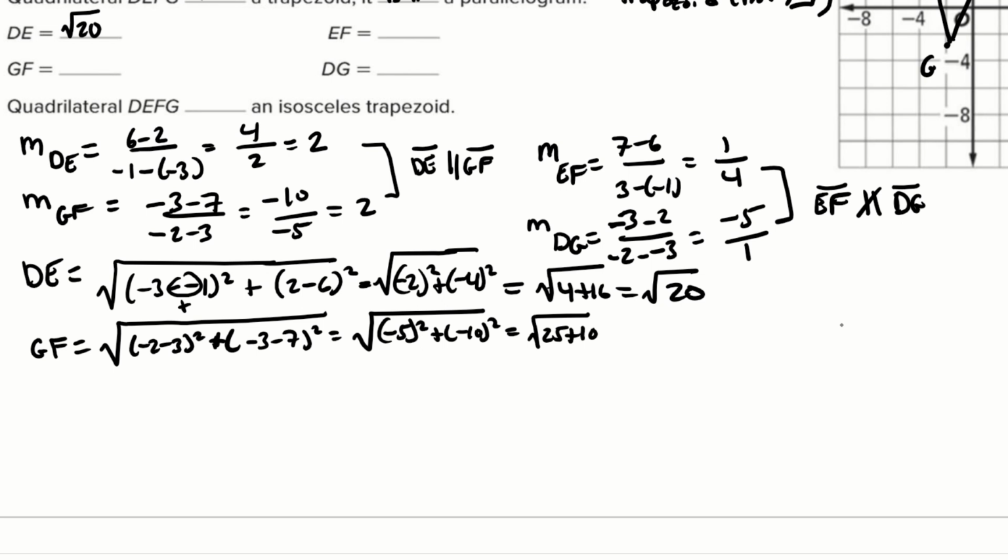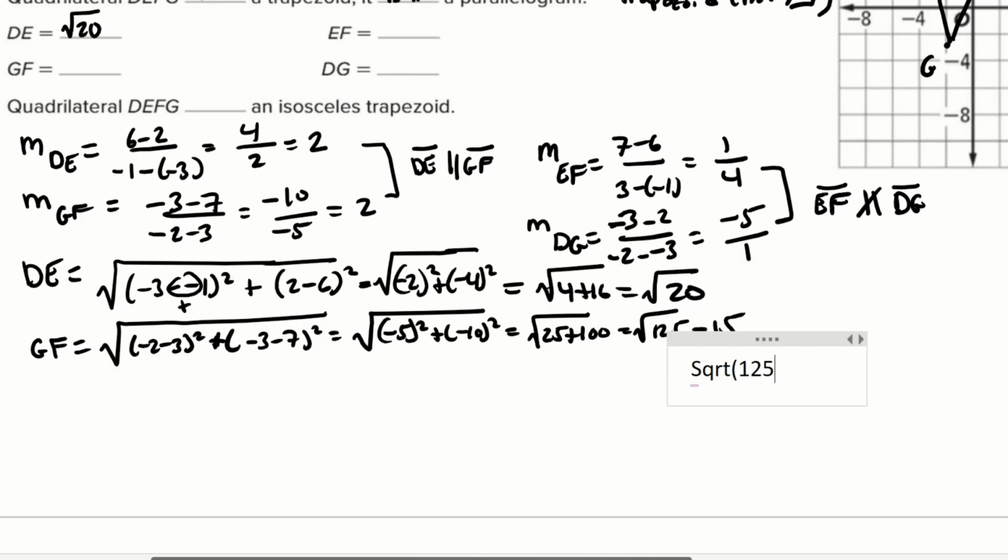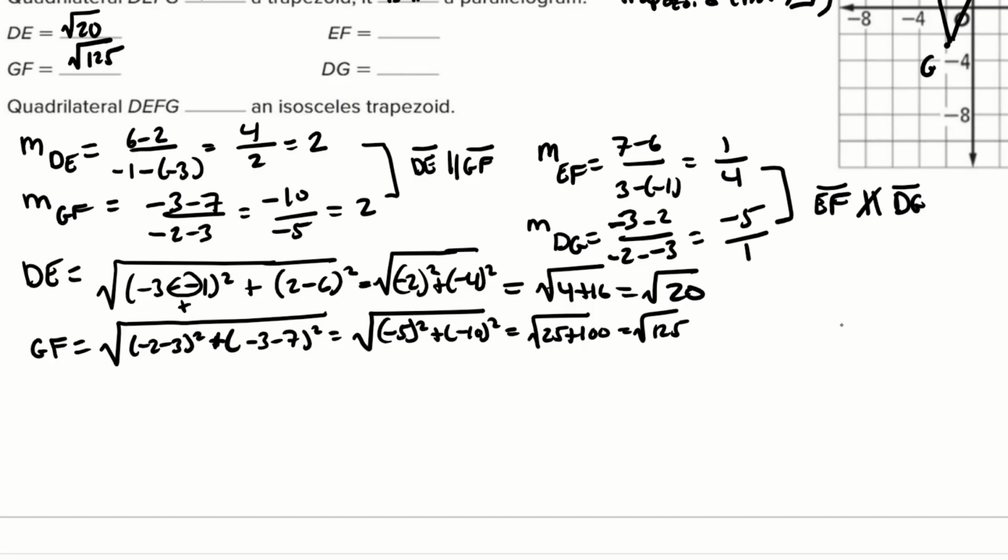That's the square root of 125. Square root of 125 should be 15. Let's double check that. Oh, maybe not. I was thinking maybe a 225. Yeah, 225, so it's not. It's 11 point something. So we get square root of 125. We could simplify these radicals, but there's no point in doing that here, so we're not going to simplify the radicals.